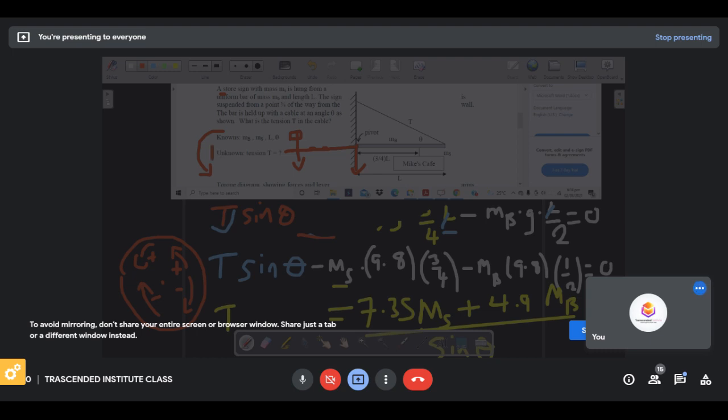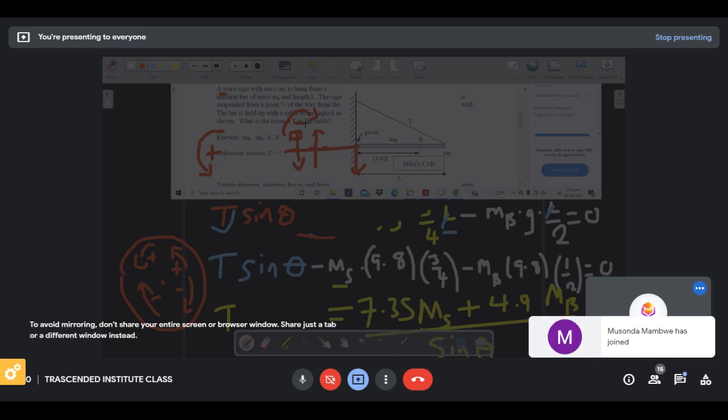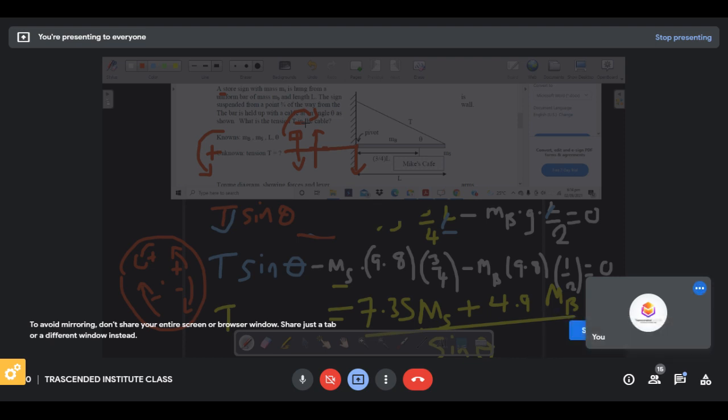So it's going to be positive. So if there was a force pushing this upwards, it would be going this way. Would it be clockwise or anti-clockwise? Clockwise. So on the left, it's possible to have a negative and a positive sign, depending on whether it's going upwards or downwards. All right? All right, sir. Okay.